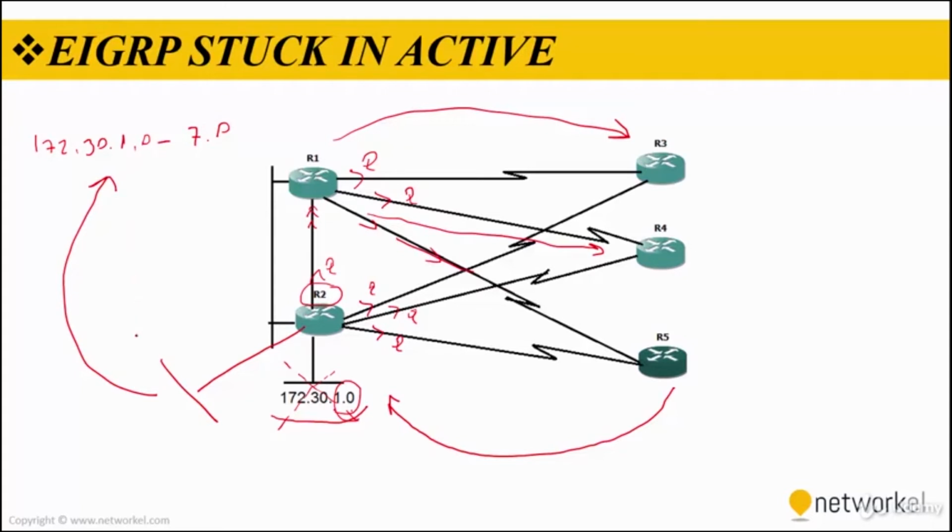If these networks are summarized as, for example, 00/21, and let's say that if just 1.0 is down, router 2 will send the query message again, as you know.